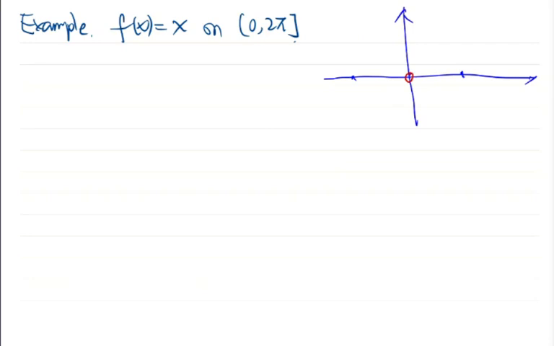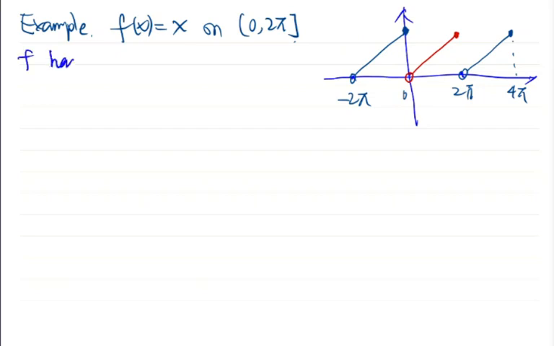So this is the graph of f, and then you extend this periodically. This is 2 pi, this is 4 pi, this is 0, and also you have minus 2 pi. f is defined in this way. Okay, so you see that f has one-sided derivative.